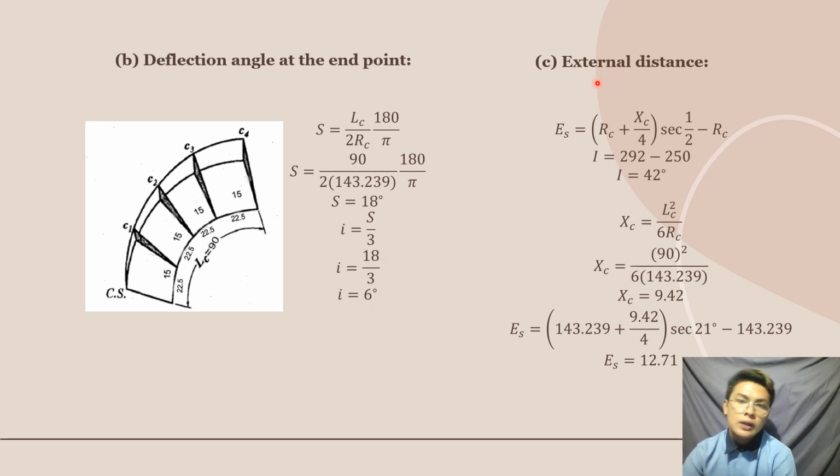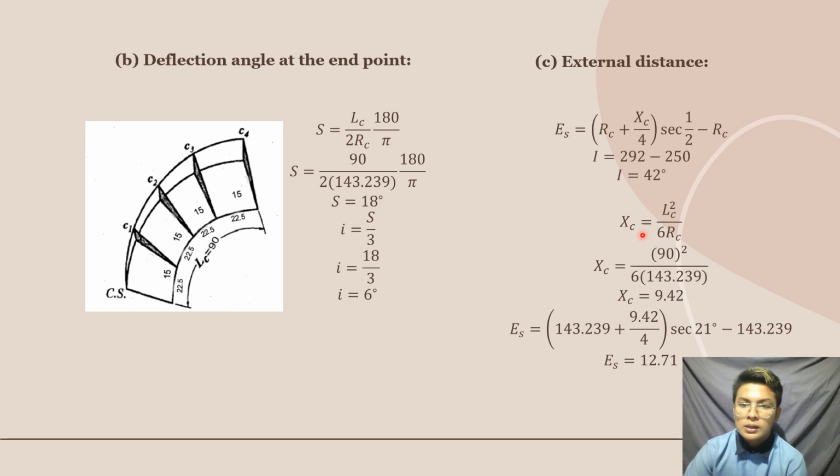Next is our external distance. Es, or external distance, is equal to (Rc plus Xc) times secant of I over 2, minus Rc. So here's our general formula, but before we get our external distance, we must first answer the I. Substituting all the values, I is equal to 42 degrees.